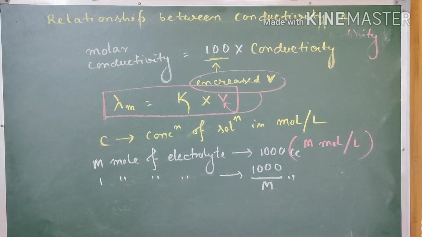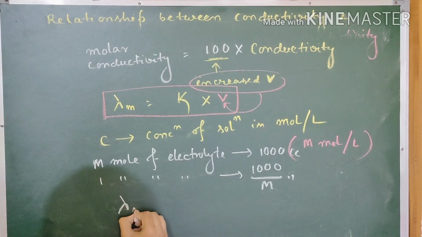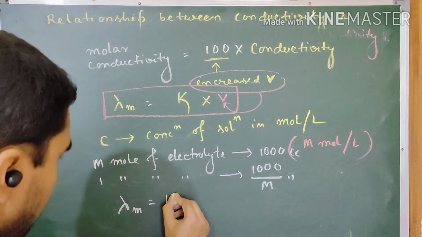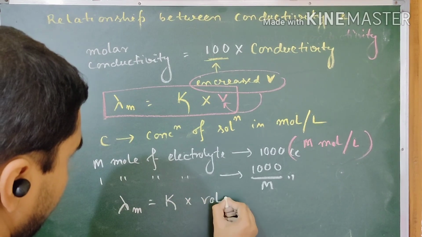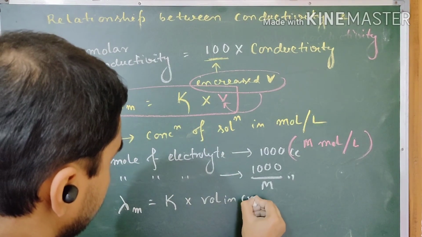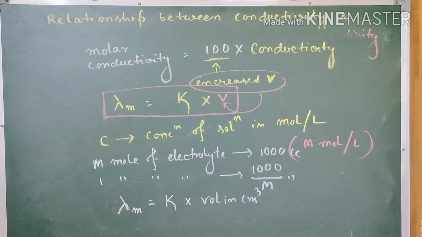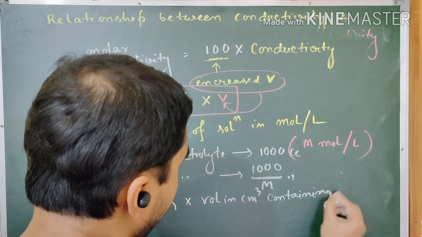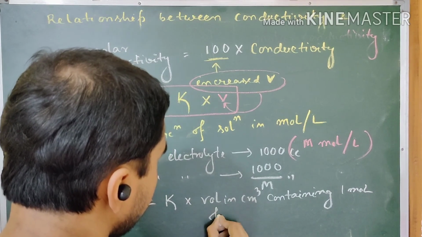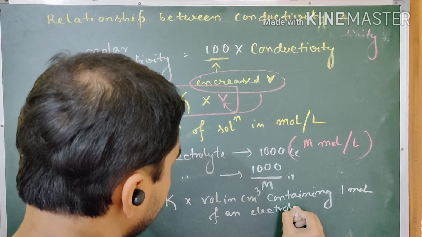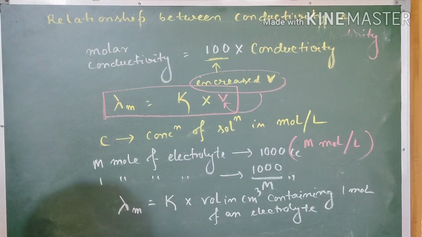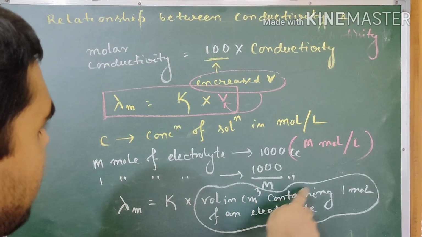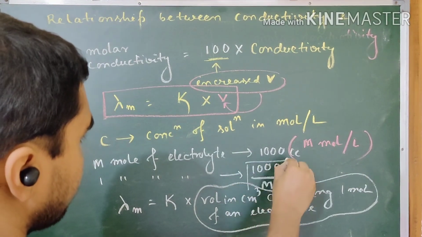So thus, what we can say is lambda m is equal to kappa into, carefully see, volume in centimeter cube containing 1 mole of an electrolyte. And this particular part, volume in centimeter cube containing 1 mole of an electrolyte, we have already measured.